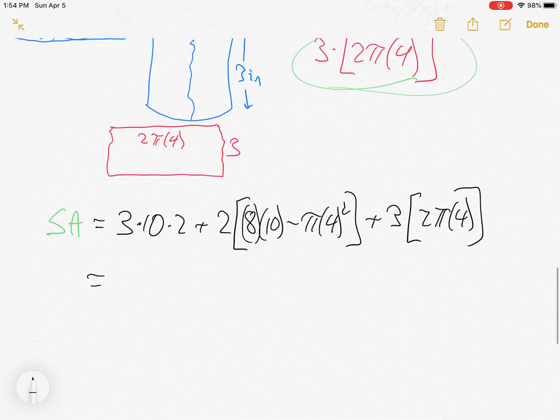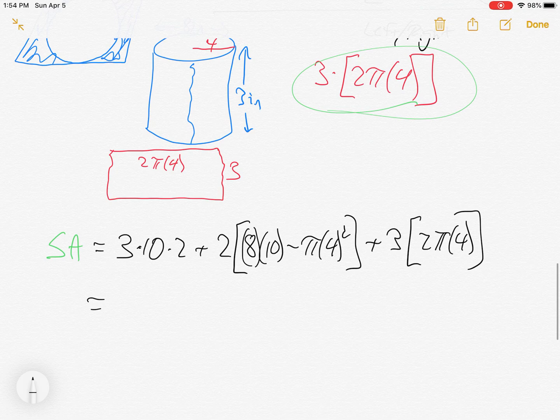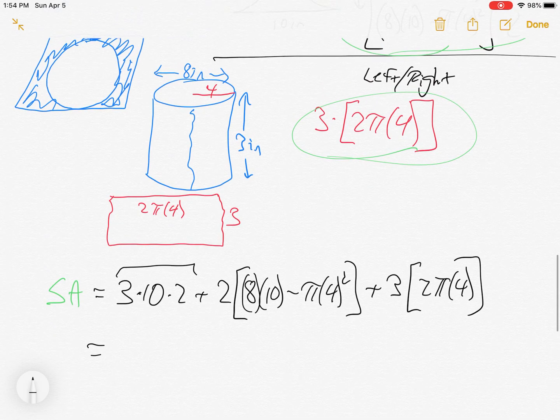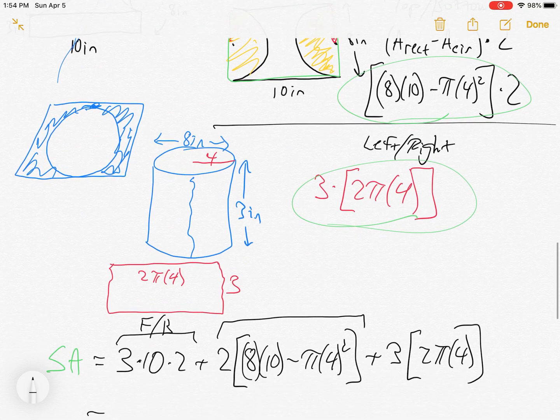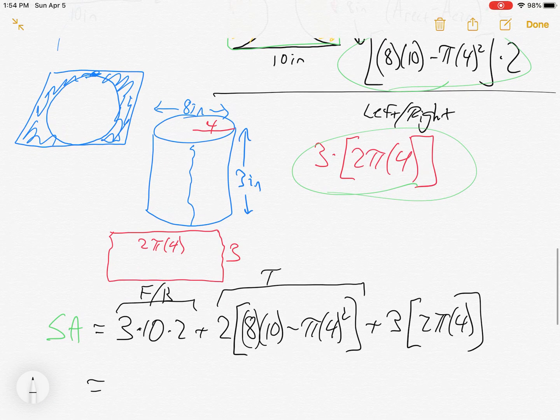So as you've heard me say, it's always nice to show the initial setup so people know where things are coming from. You might even label above here, you know, this is the front and the back, front, back. This is the, what was that again? Top, bottom, top, bottom, and this is like the sides.